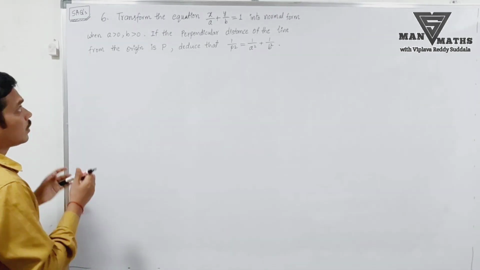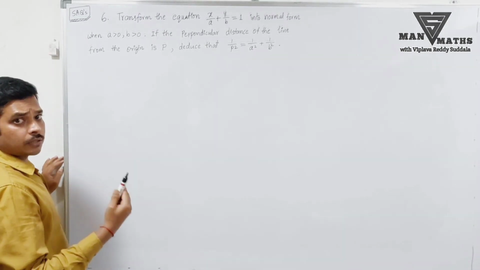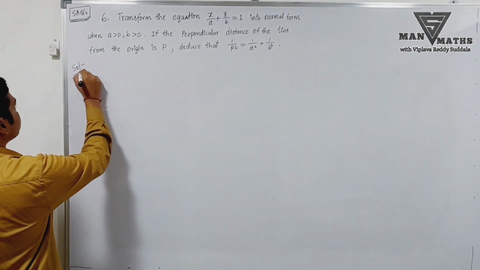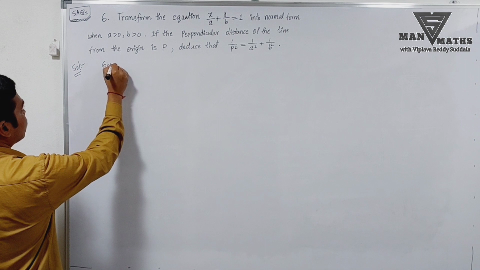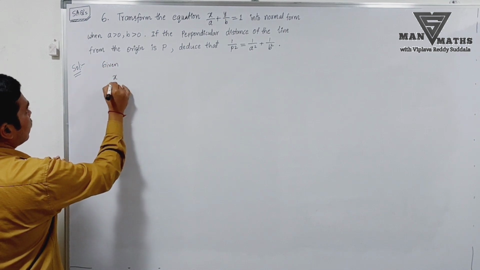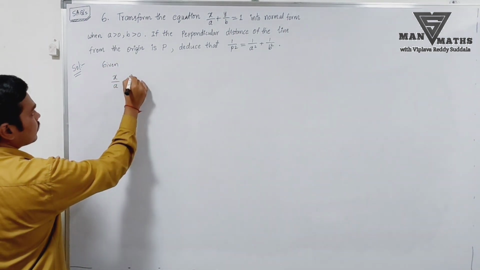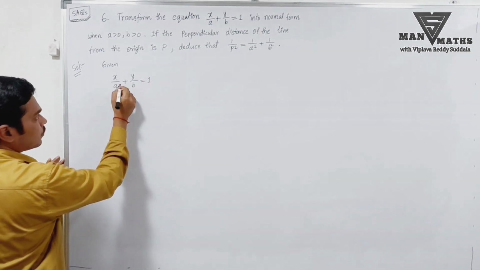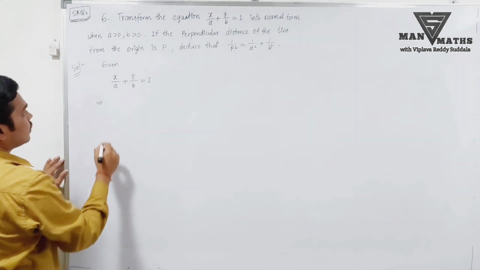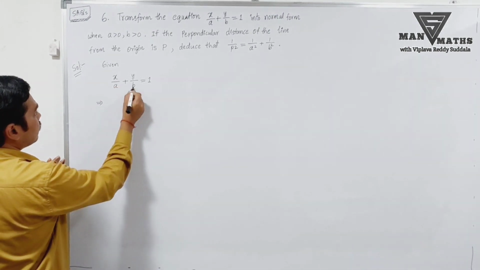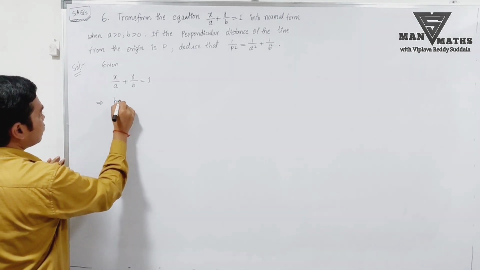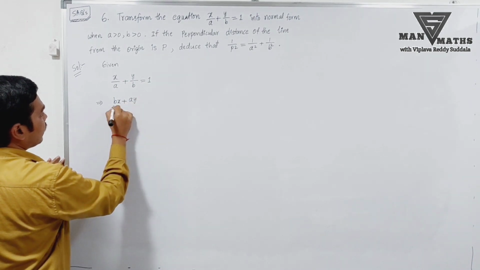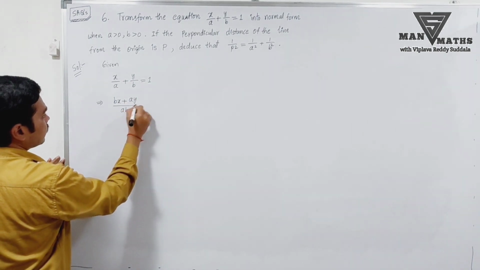First of all, you have to convert the equation into normal form. What is the given equation in this problem? The given equation is x by a plus y by b equal to 1. Now simplify this equation. How to take the LCM here? b into x is bx, plus a into y is ay, by ab, where ab is the LCM, equal to 1.